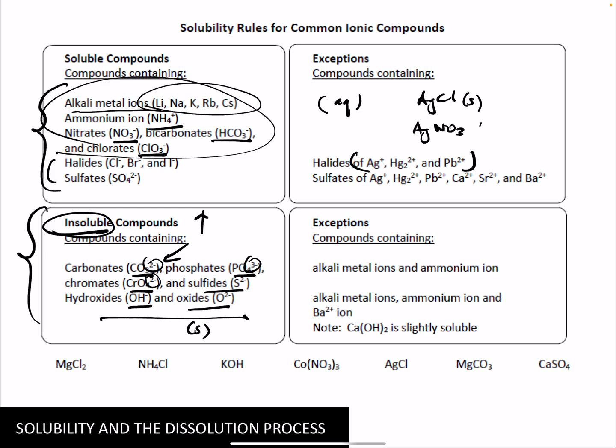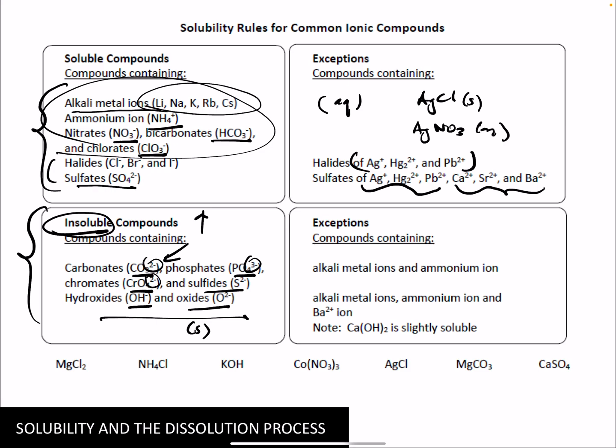AgNO3 will be aqueous. Sulfates are usually soluble with the same three exceptions and an additional three exceptions. So sulfates are usually soluble unless you have one of these six cations: silver, mercury, lead, calcium, strontium, and barium.